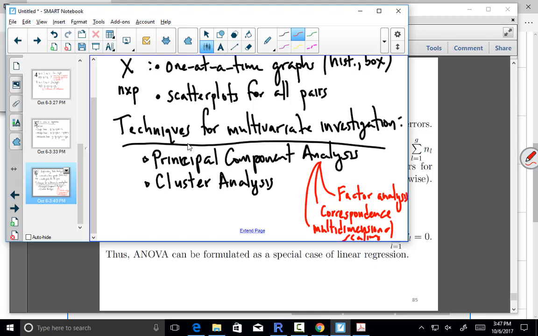PCA is a technique for essentially doing that. It's a dimension reduction technique. Let's take our p variables and redefine them so that we have maybe just a handful that collectively give us basically the same story as all of them, but with much fewer variables.